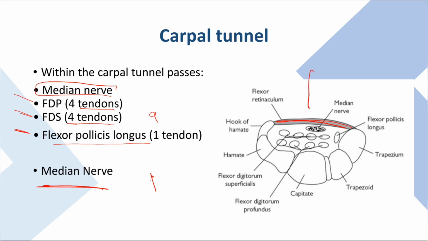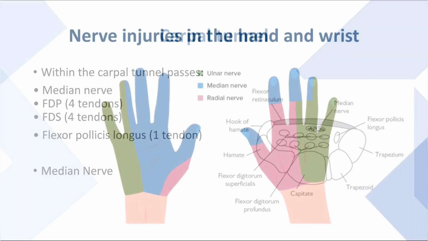So it presses this region, it taps, and there will be a tingling sensation at the thumb, index, and middle fingers. This way, it can identify if there is pressure on the median nerve. Usually the treatment starts with pain management and conservative management, and sometimes if not improved, it needs surgery.